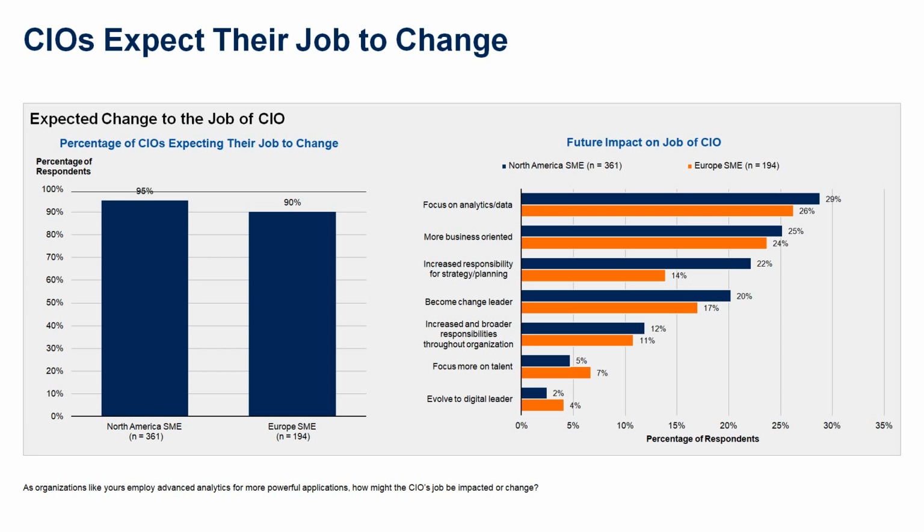They want to focus, so you see there is a lot more focus only on analytics and data, and some people are more business oriented. And you see the share evolving as a digital leader is very small. So a CTO's focus will be more on analytics and data, more business oriented. But why I kept this slide is because it is not just improving the business, it is also the cost optimization that we get into.